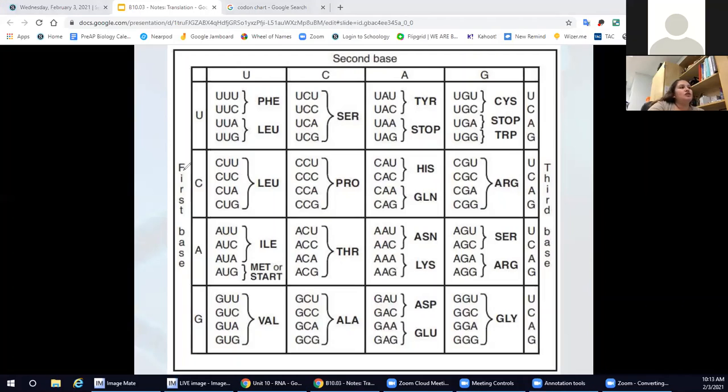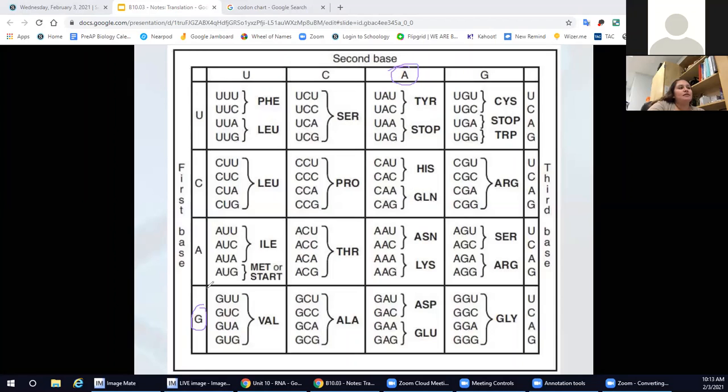So first letter is G. Second letter is A. So that means we're picking everything in this row. And then since we're A, we're only picking from this column. And then the last letter was U, G-A-U. Our amino acid is ASP.